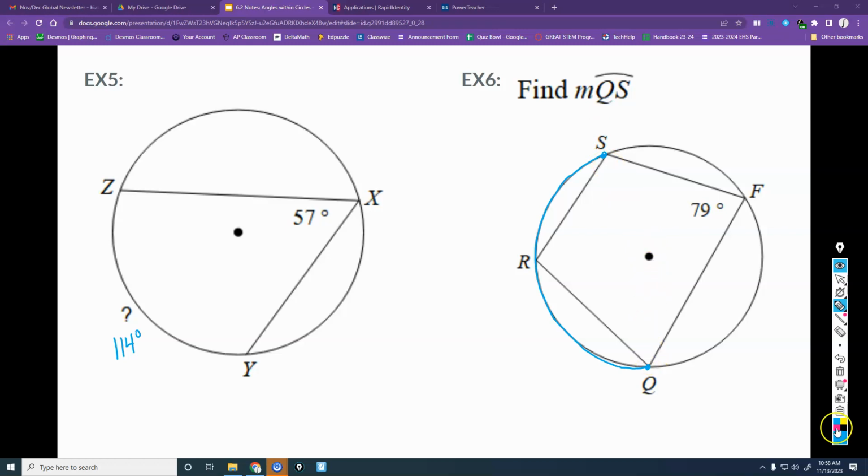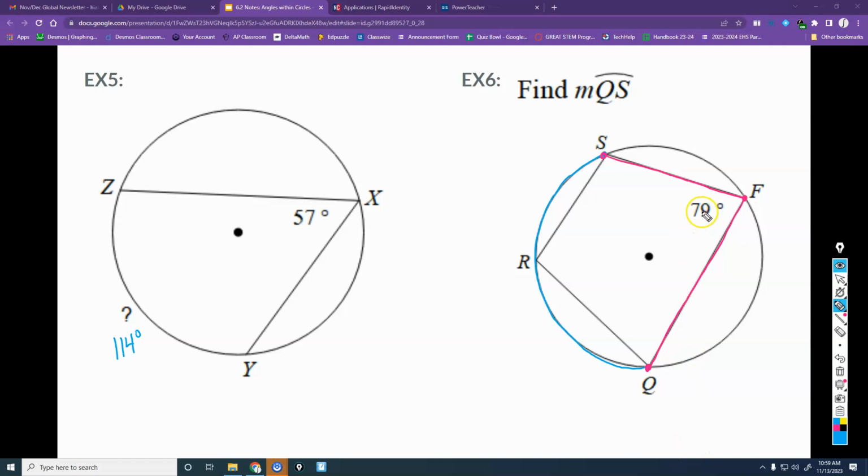So what we need to do is find the endpoints right here and look at the angle that goes with that, which would be this angle, right? So this would be our inscribed angle. QS is our arc on the outside. How are we going to find that measure of QS?